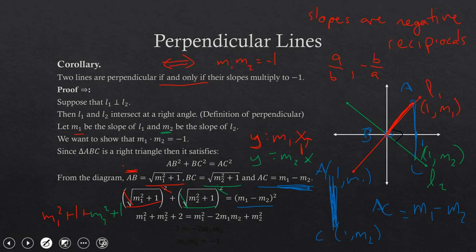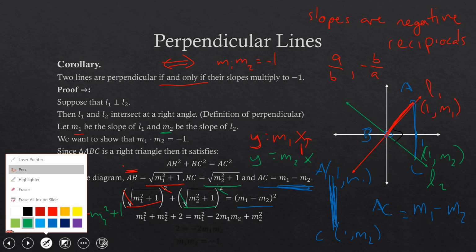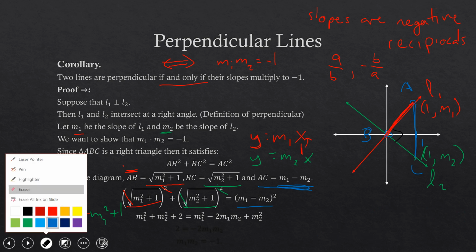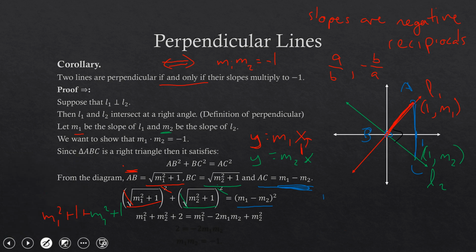And when we square this guy over here, the m1 minus m2 squared, let's go ahead and FOIL this out. So I actually need a little bit of space over here to FOIL out that expression. Let's erase. Okay. So FOILing m1 minus m2 times itself.